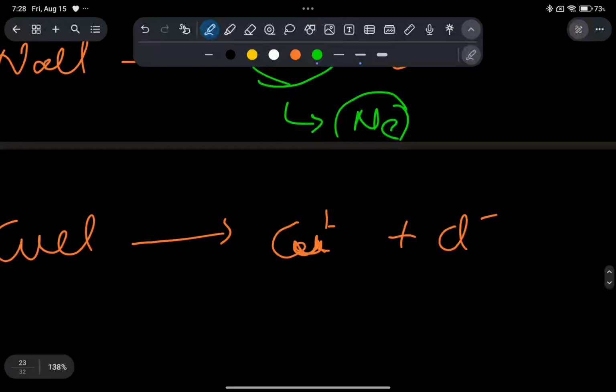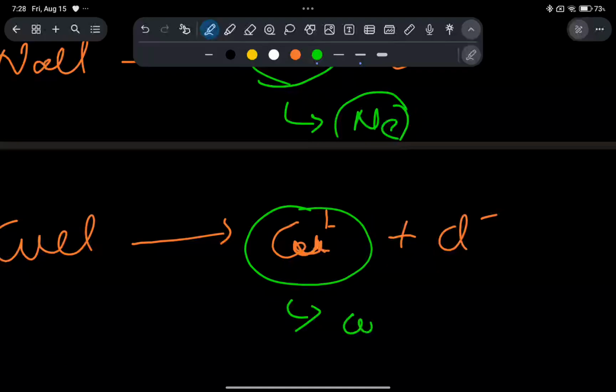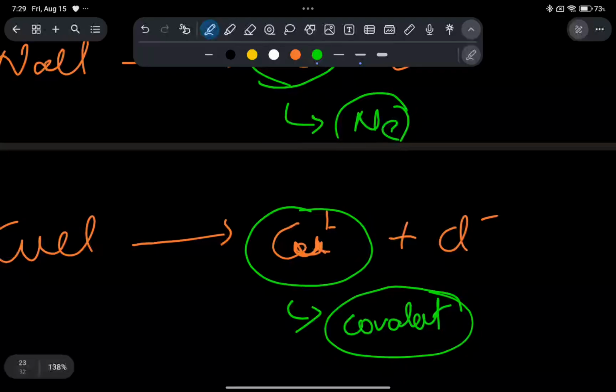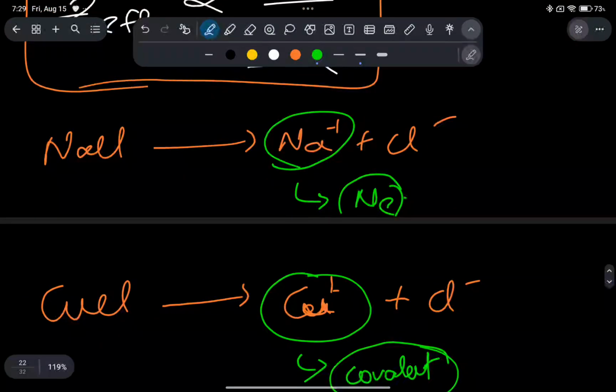So it forms covalent character, while sodium forms ionic character.